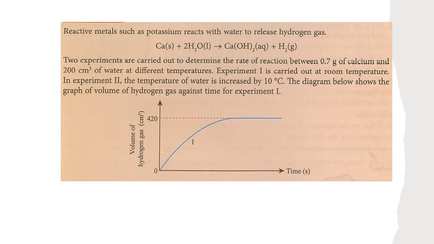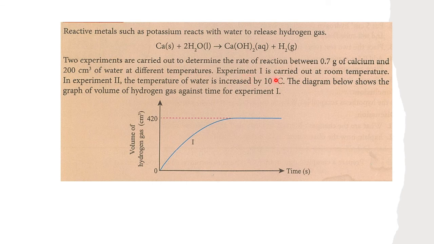Example here, reactive metals such as potassium react with water to release hydrogen gas. The chemical reaction is calcium plus water produce calcium hydroxide and hydrogen gas. Two experiments are carried out to determine the rate of reaction between 0.7 gram of calcium and 200 centimeter cube of water at different temperatures.